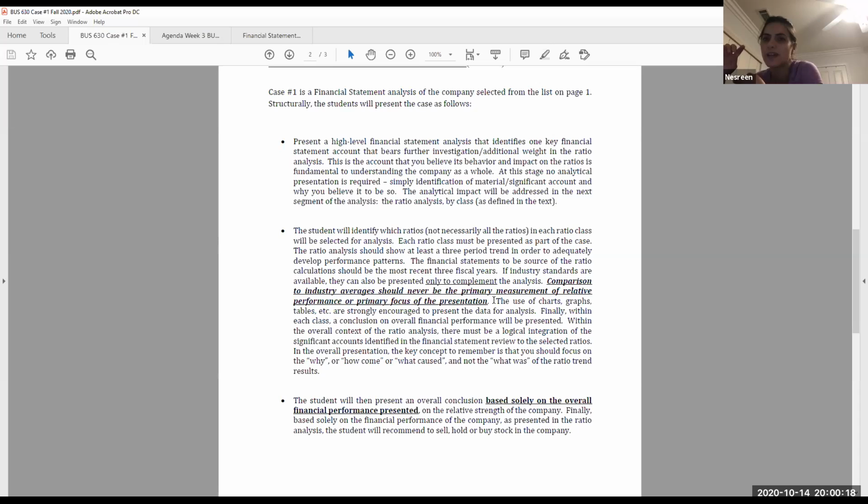Okay, Mr. Hassey, so for the second part, I have to write the ratio for the 3 years and compare each year between them. The second part, I have to go into detail and write about the ratios, like pick one ratio.